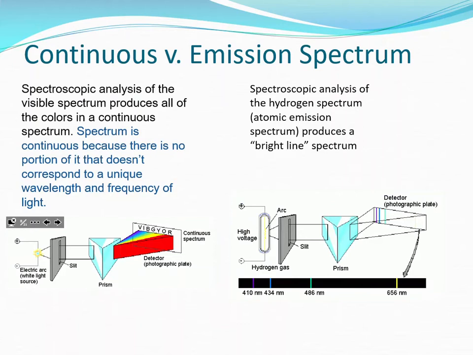So they were able to start thinking about what was causing that, and the chemical behavior of the electrons, the arrangement of the electrons in the atom. That was something that was starting to come into being as an idea.